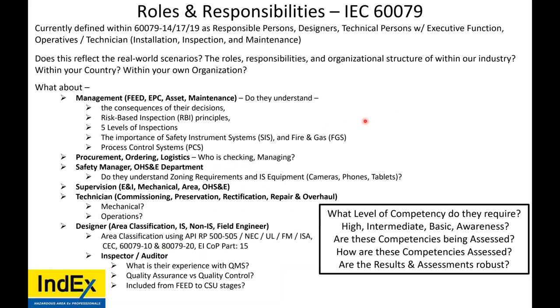So roles and responsibilities. Currently, we have roles breaking down into management, safety personnel, supervision, technicians, operators, maintainers, and designers. Now, within that, what about the other portions of management? As we talked about the stages of design, we had pre-feed, feed, construction, commissioning, operations.